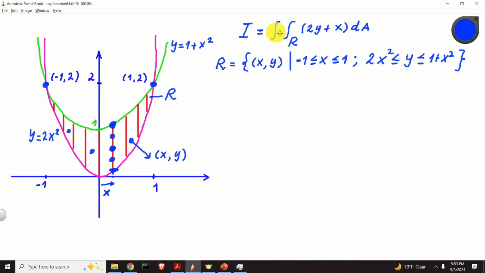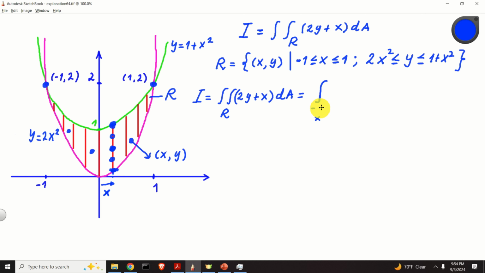Now we are ready to solve our original integral. Let's write it again. The integral is equal to the double integral over the region R, and the function is 2y plus x. And over here, listen carefully. We can split this integral like this. First of all, we will have an integral over x, where the boundaries for x can be seen over here in this set.